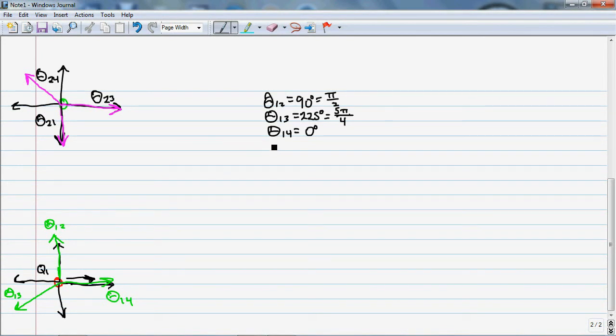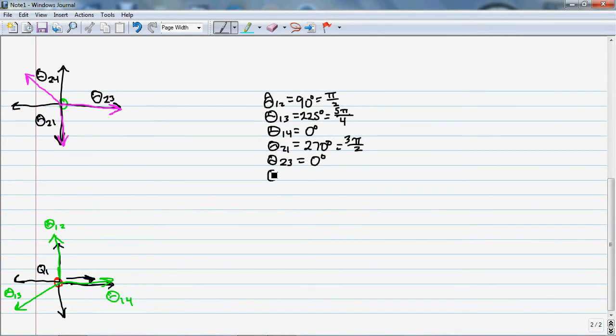So theta 2, 1, well, that's just pointing straight down, so that's 270 degrees, or that's equal to 3 pi over 2. Theta 2, 3, that's just 0 degrees.